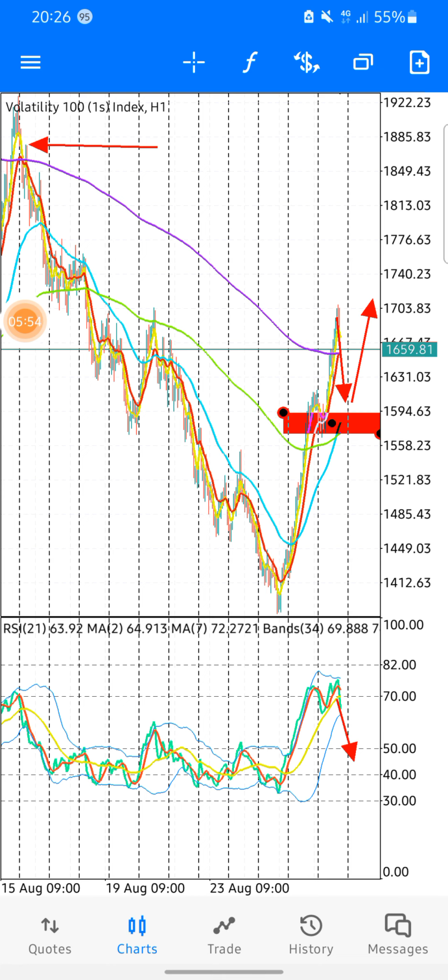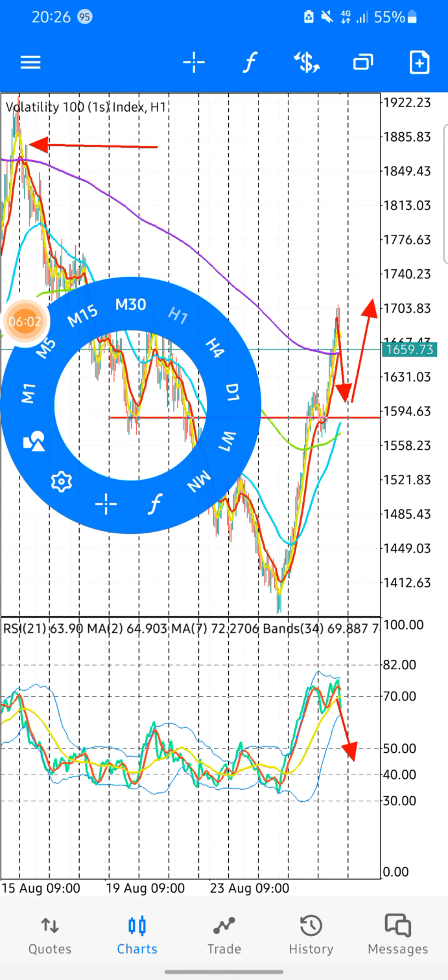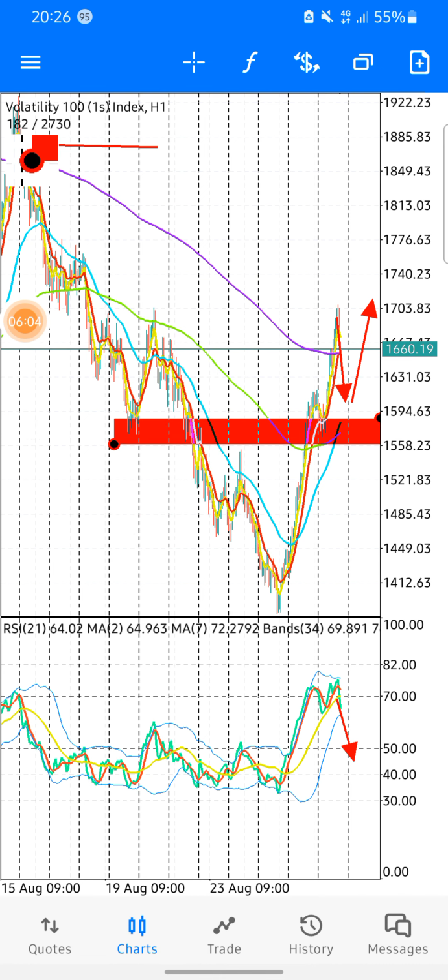You can see this area, price played along that area. So we expect the price to bounce off this area, then continue in the intended direction.